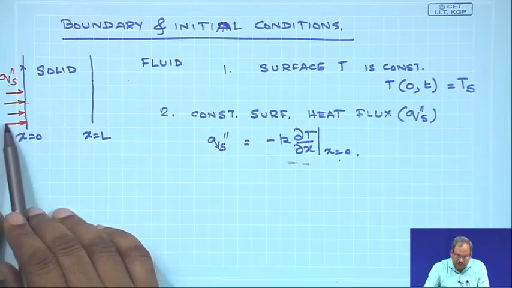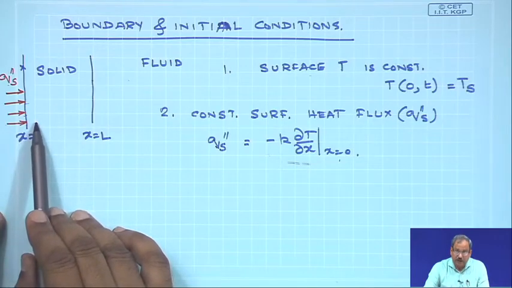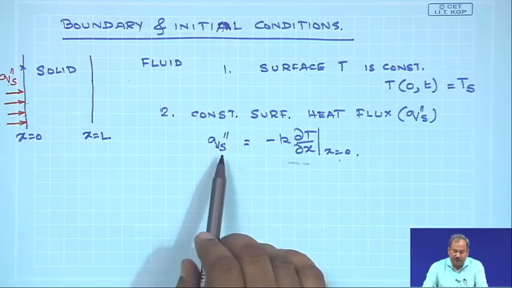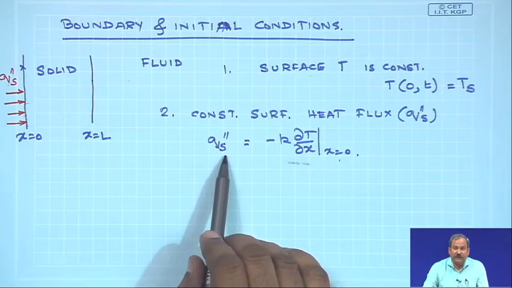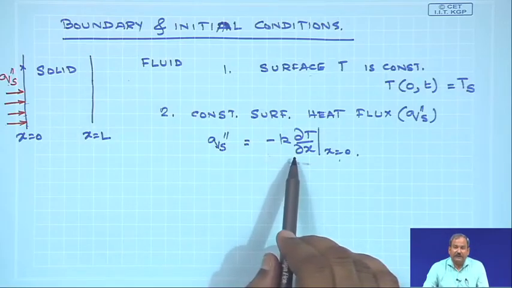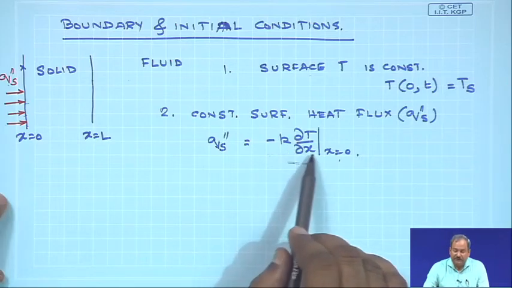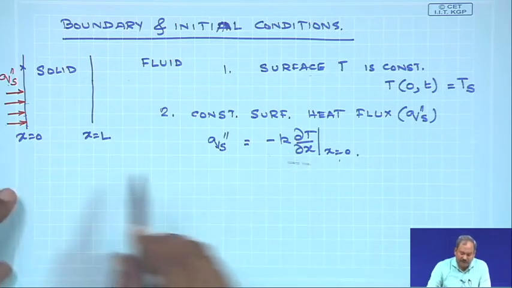So, for a control surface, the conservation equation takes the form that in is equal to out, and therefore, at the control surface the amount of heat which comes in is Q S double prime, and the heat that gets transported by conduction is simply going to be minus k dT dx at x equals 0.